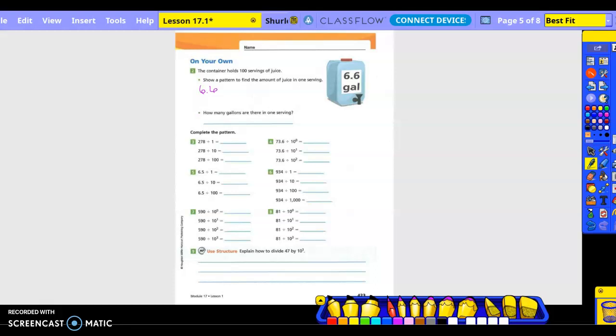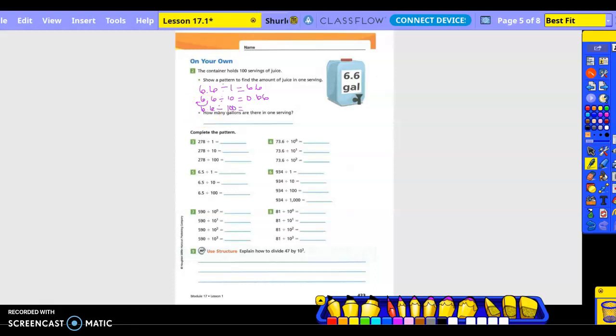Dividing, right? So we always start with 1, so then that equals itself, right? 6.6 divided by 10. Am I going to the left or to the right? To the left, how many places? 1, so 0.66. And then 6.6 divided by 100.